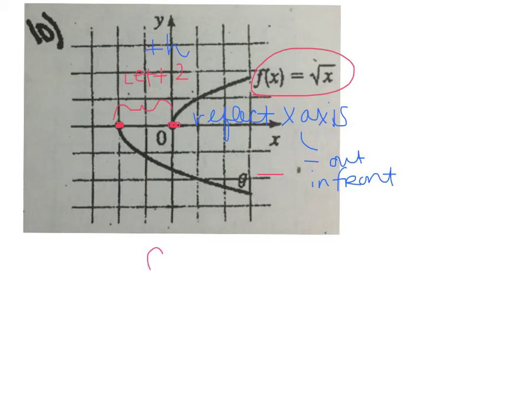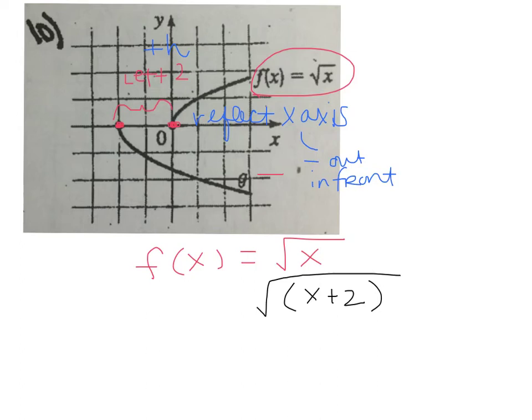So I started with f of x equals the square root of x. So remember, your h goes with your x, so it's going to be plus 2. And then that minus sign is just going to go out in front of everything for it to flip over your x-axis.